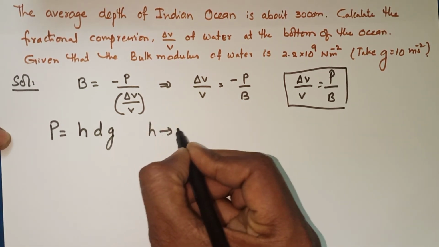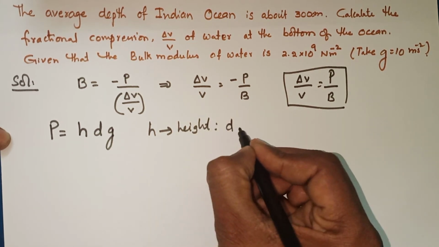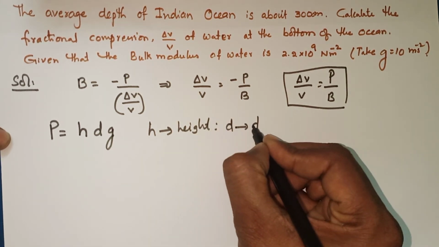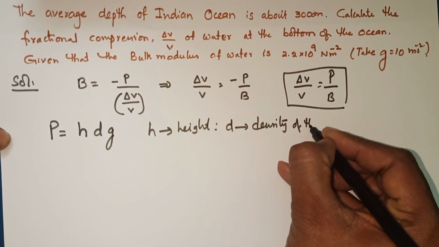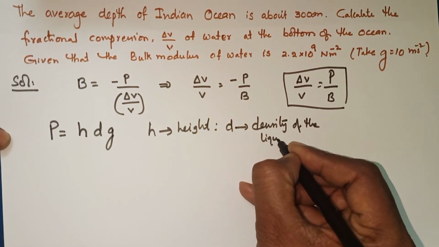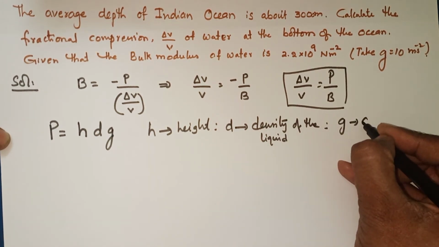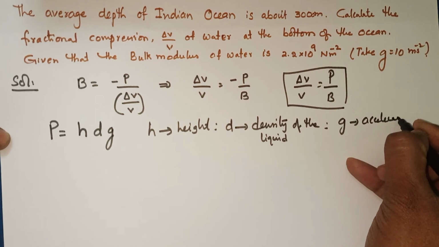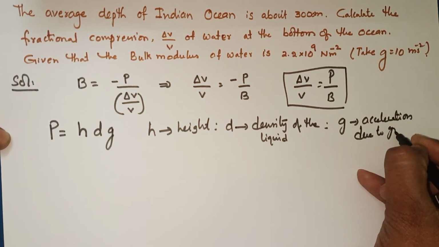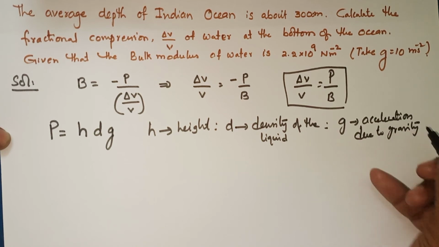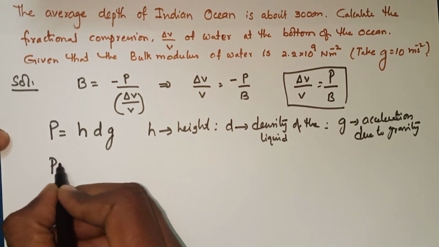H is height, d is density of the liquid, g is acceleration due to gravity, right? Pressure we need to calculate.